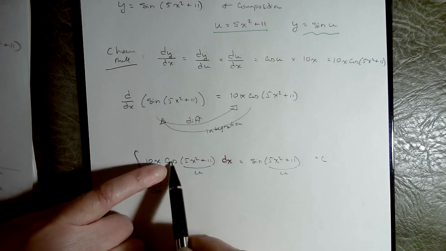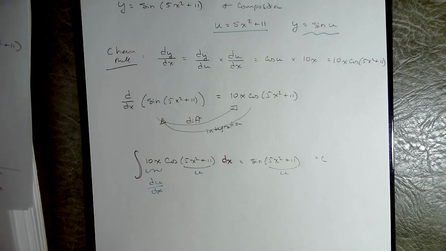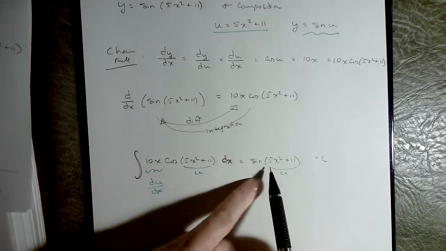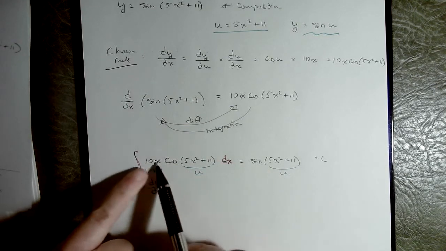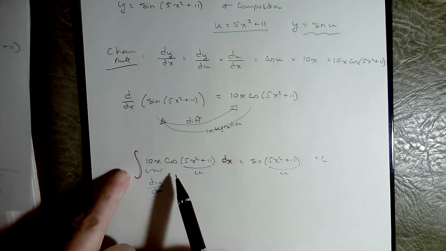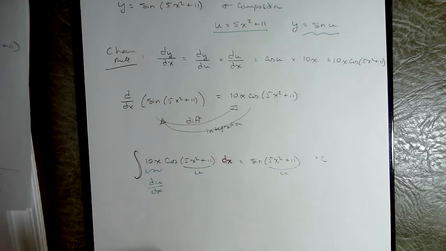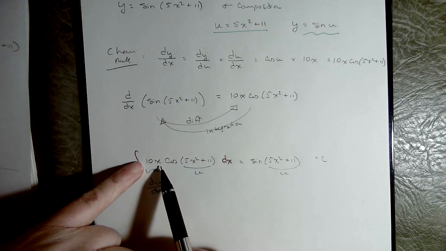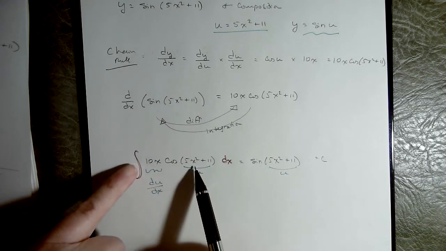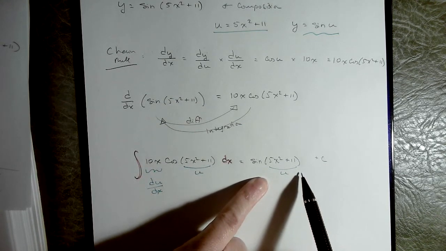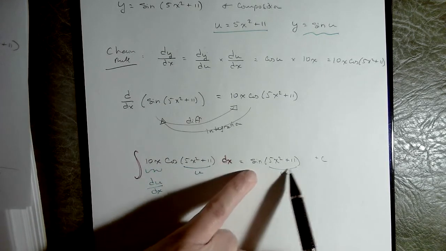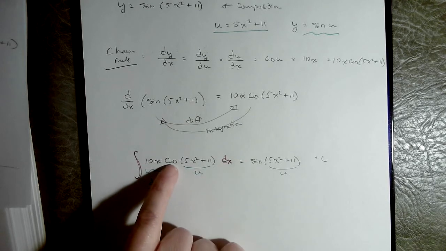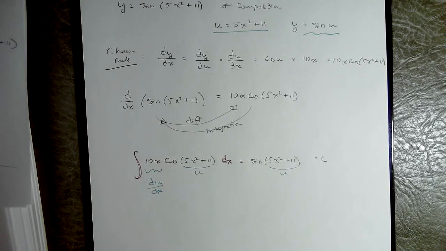So it's really this cosine u structure that I've got going on that's going to take me back to the sine of u, because this 10x came out from differentiating, but when I integrate, I kind of pack it back inside. This 10x was a phenomenon of differentiating. So if I'm undoing differentiating by integrating, that 10x is going to get stuffed back inside, and I'm really looking at the structure of cosine of thing. You might want to say that back to yourself a few times.